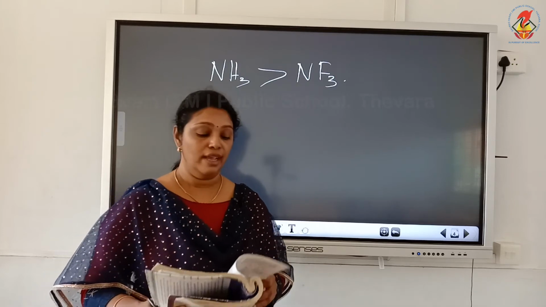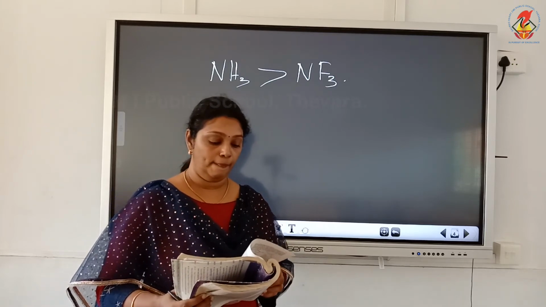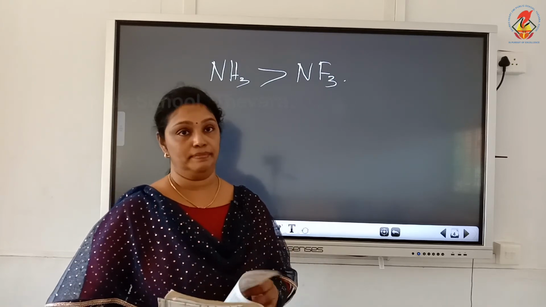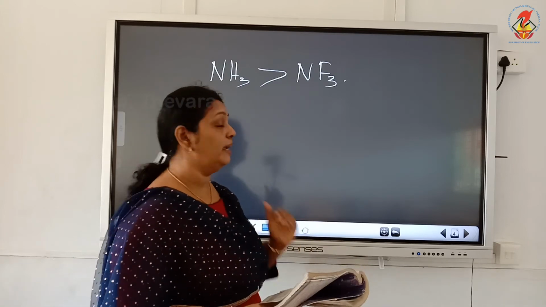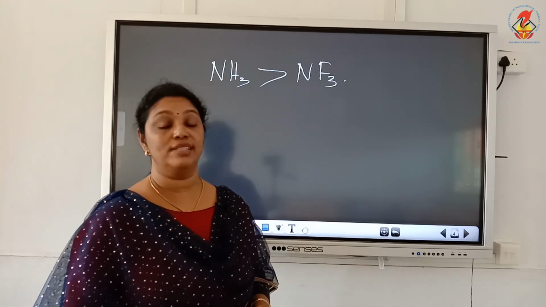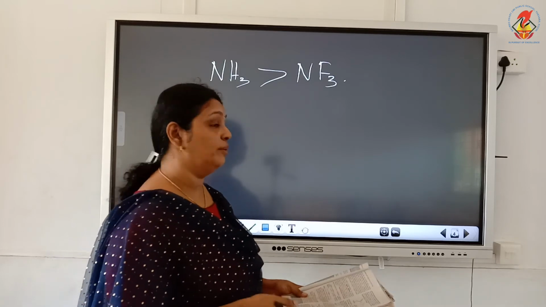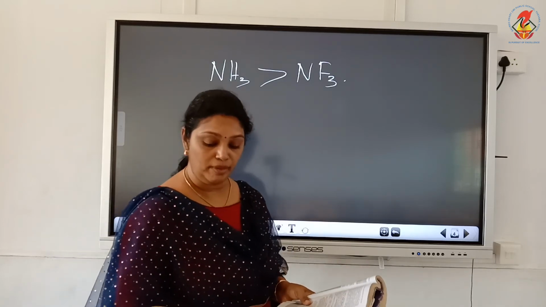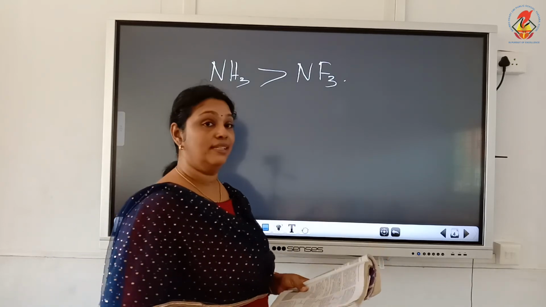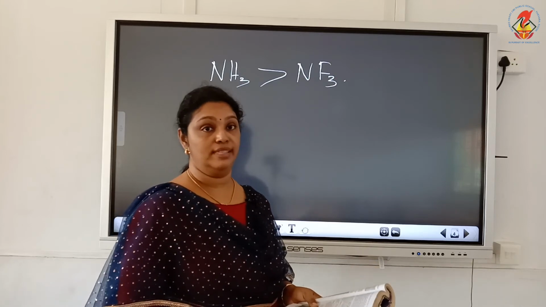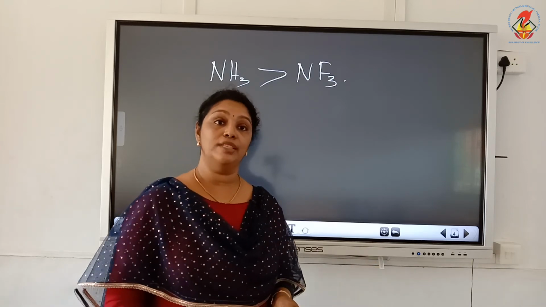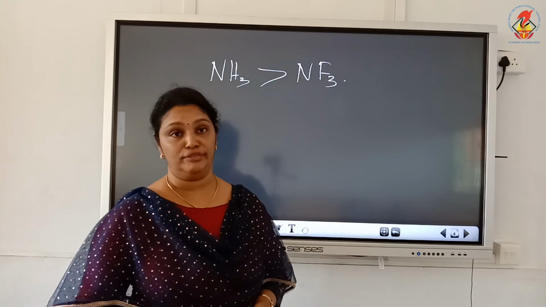We know that fluorine is a highly electronegative atom, but its dipole moment value is less. What is the reason for this? A very important question. The question is: the dipole moment value of ammonia is greater than NF3. Give reason. Now the answer is based on the structure of ammonia and NF3.